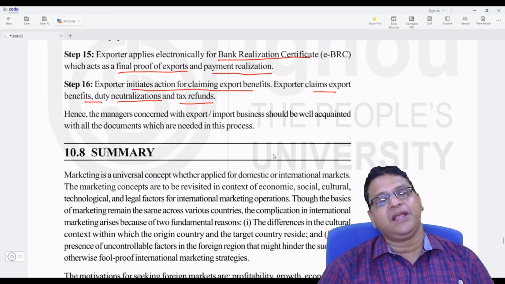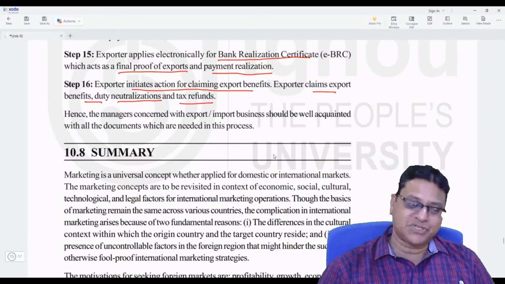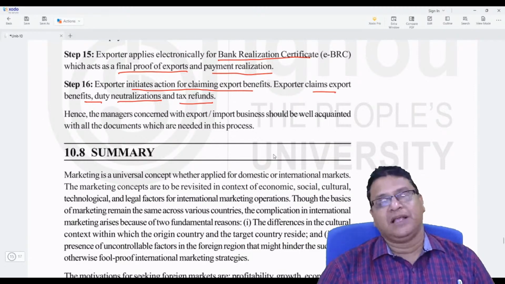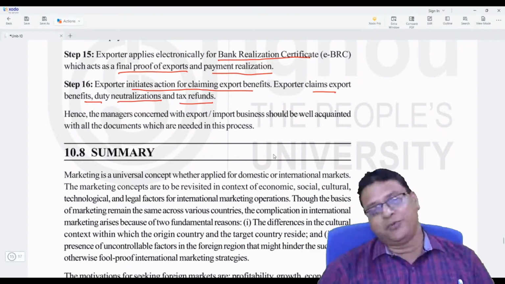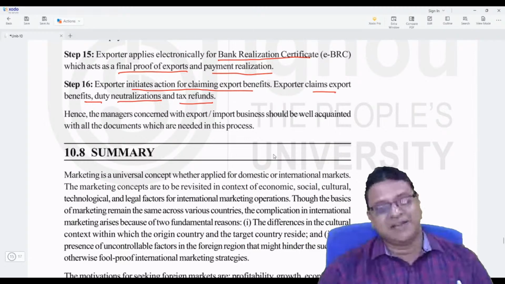This is a summary of the export procedure. If you go for direct export, you must be acquainted with all these procedures. Otherwise, you can go for exporting with the help of intermediaries by sacrificing some amount of profit.